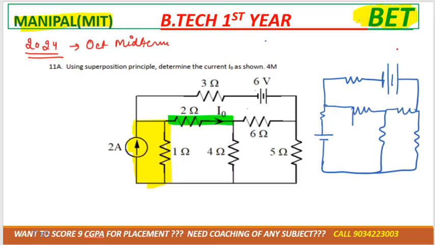Now it says 6 volt, 3 ohm, 2 ohm, 6 ohm, 4 ohm, 5 ohm. Okay, and this one would be 1 ohm and 2 volt.